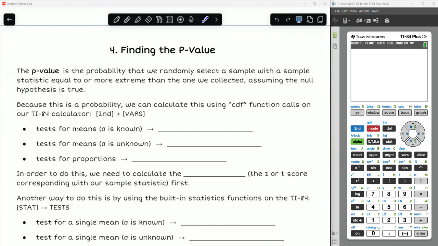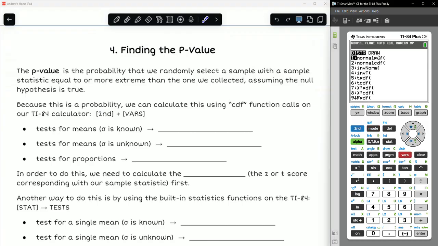So, a reminder from back in week 3: we learned about 2nd VARS, which takes us to our distribution menu on our calculator, and you can see normal CDF. If I'm testing claims about a mean and I know the population standard deviation, I'm going to use normal CDF.